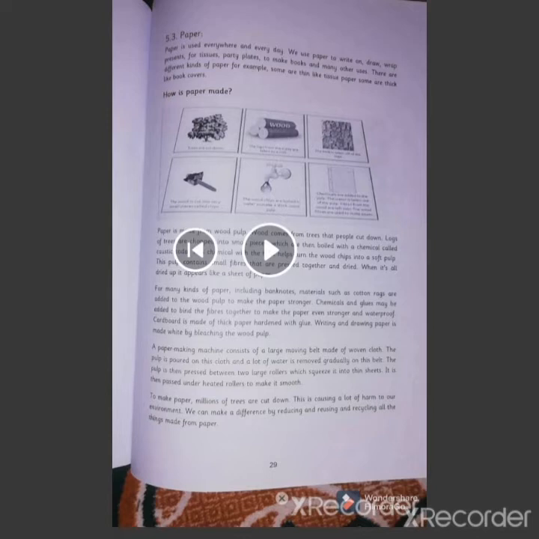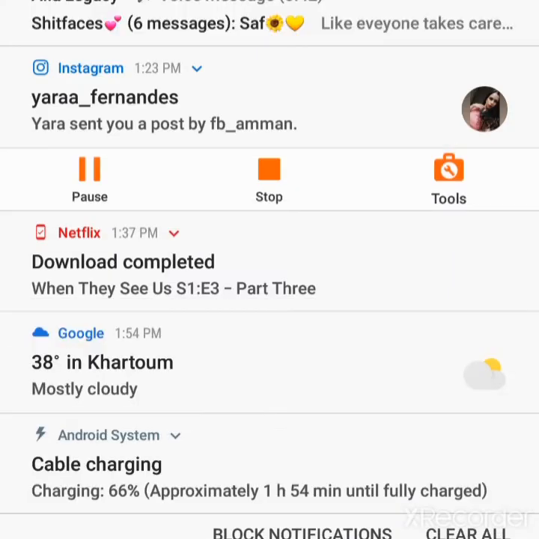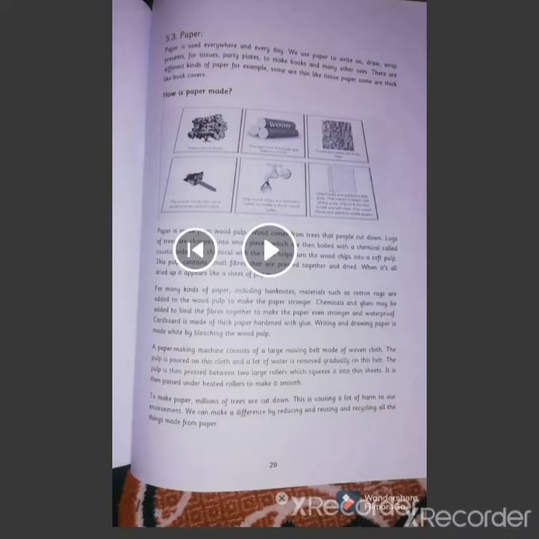For many kinds of paper, including banknotes, materials such as cotton rags are added to the wood pulp to make the paper stronger. So in order to change the type of paper, they add different things to make different types. For example, some people add cotton rags to the pulp, so when the pulp dries out, it becomes a very strong type of paper.